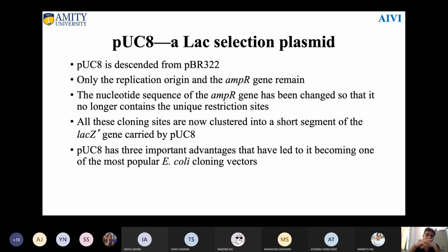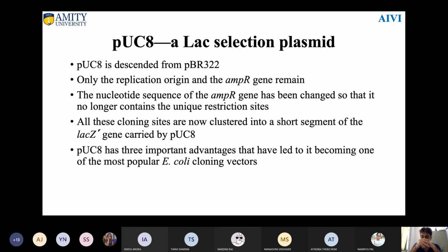But what you are doing here, all of these restriction sites are now clustered into a short segment of the LacZ gene. So what you did, you inserted one more gene here. That insert is called the short segment of the LacZ gene. If you know the lac operon, I think you have studied it in your first or second year.